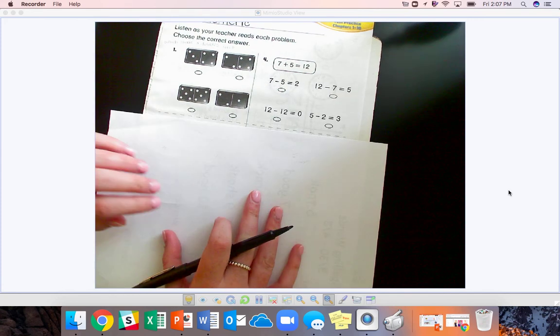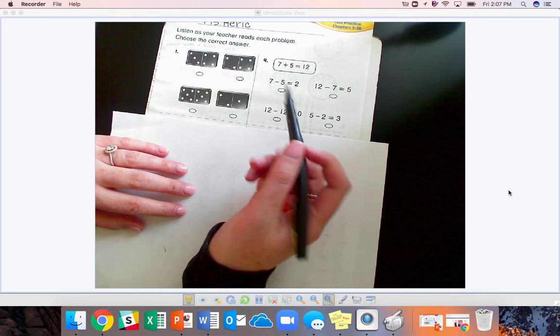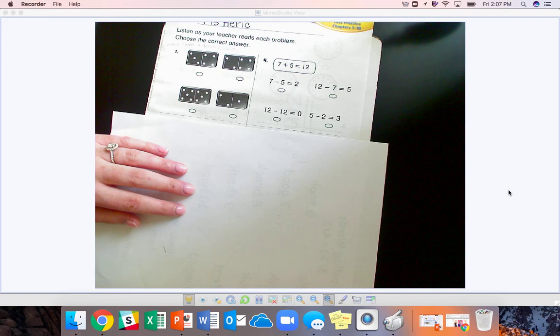Number 4. Which number sentence is related to 7 plus 5 equals 12?